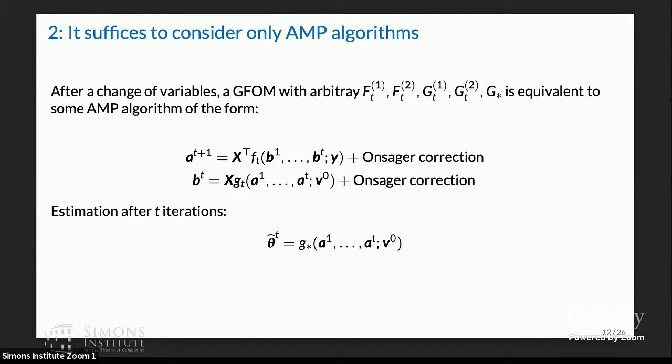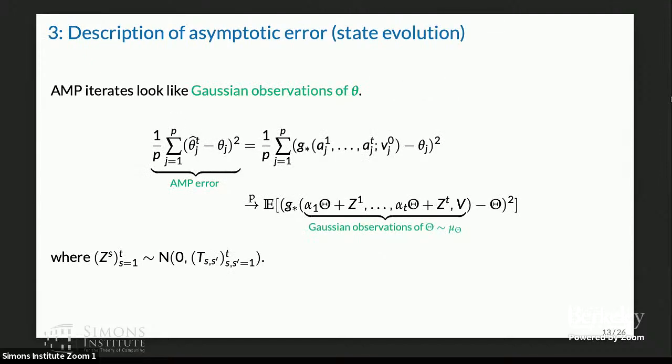Okay, so that I can sort of design an AMP algorithm with f, g, and g star, so that this theta hat is exactly the same as the theta hat that is given to me by the first order method. And there's no asymptotics there. That's just an exact equality. Okay, so I'm only going to consider AMP algorithms on the regression model without loss of generality.